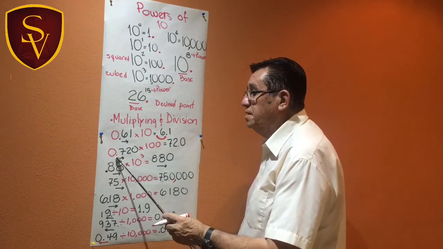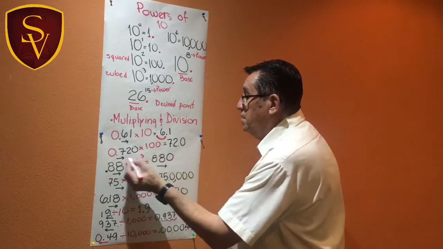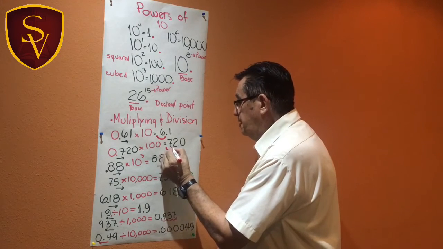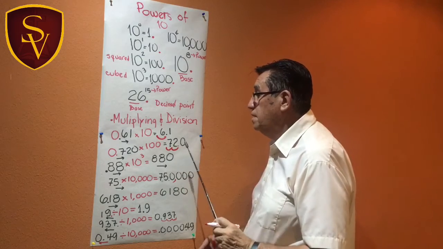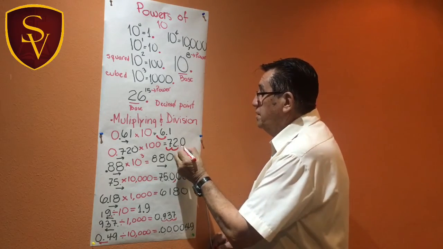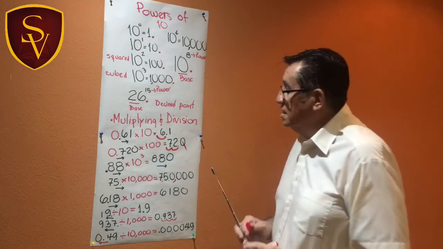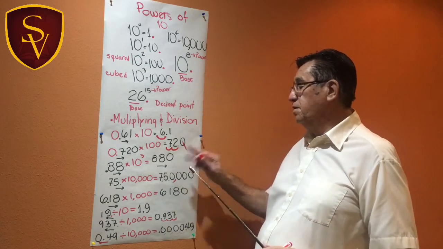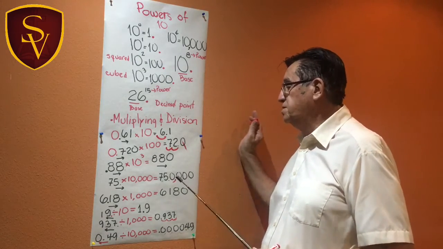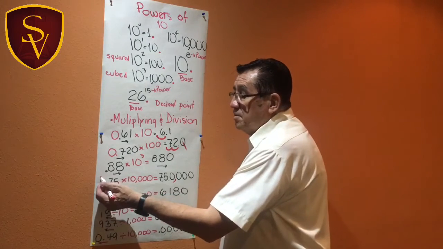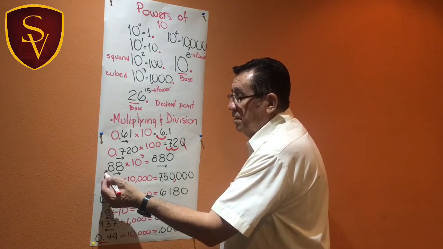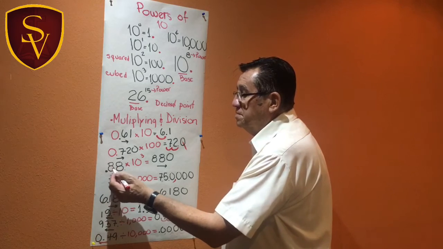That means that the decimal point is going to move from here 2 places like this. So the final number is going to be 72. And again, this number is going to be only 72 because this 0 doesn't make sense to the right side of the decimal point.